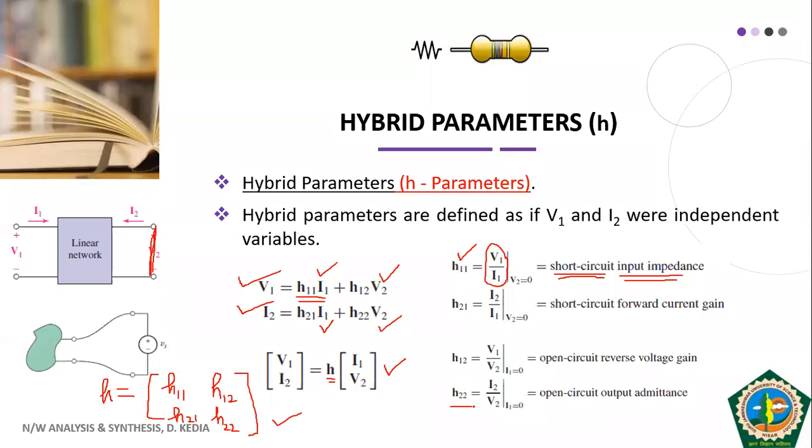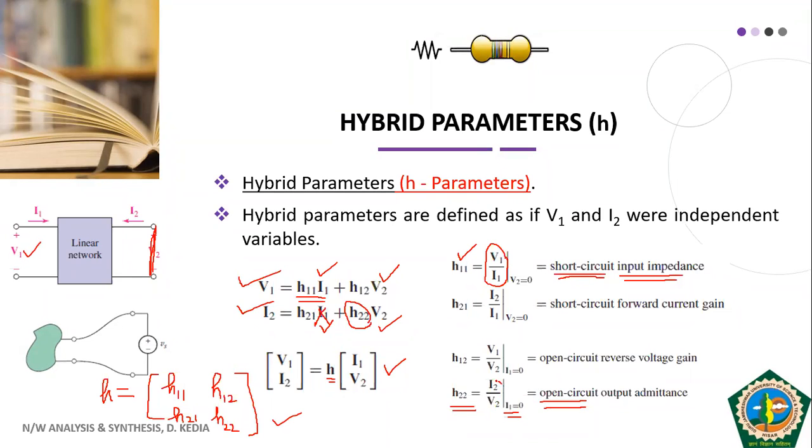Now let us talk about H22. If we want to extract H22, we need to cancel out I1. That means we need to make I1 equal to 0. I1 equal to 0 means your input port is open. So we call it open circuit.